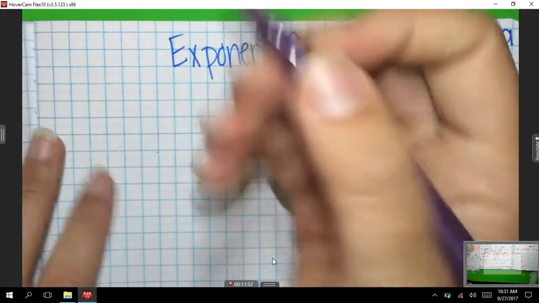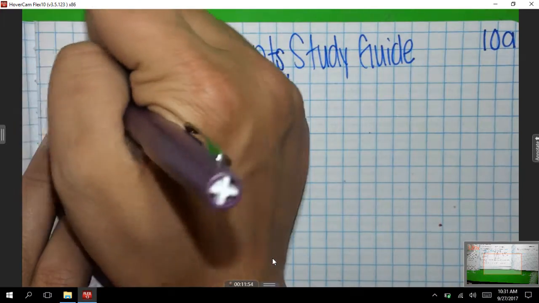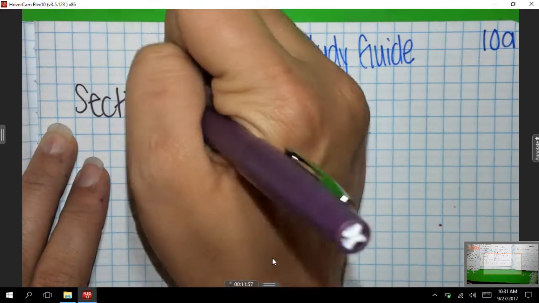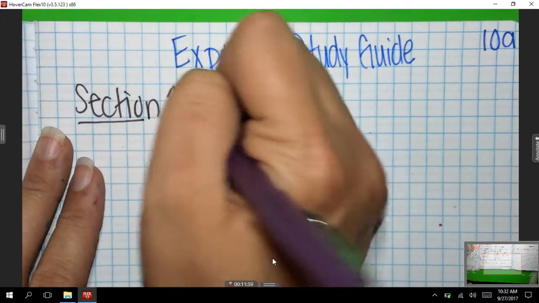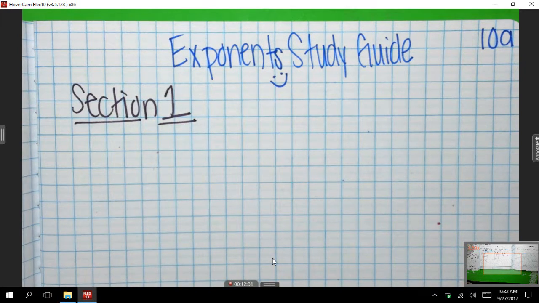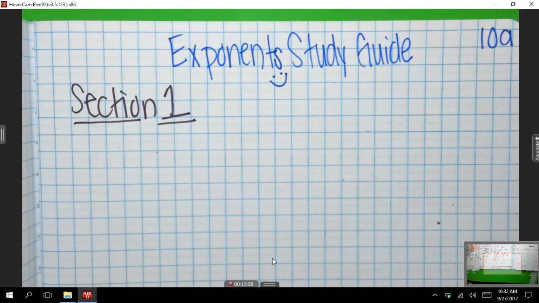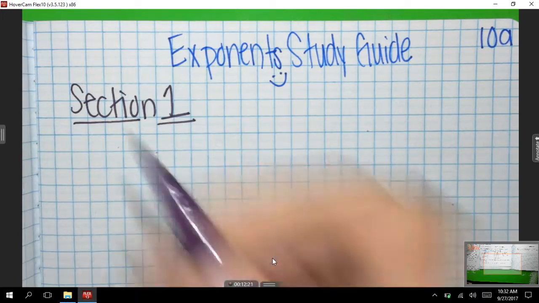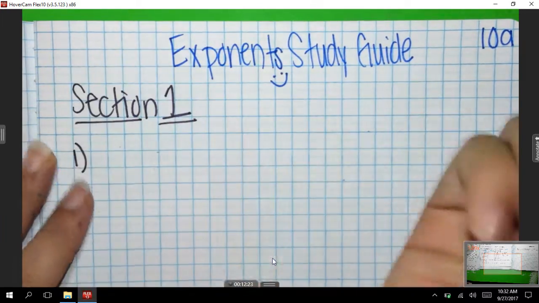All right, so let's write this down. Section 1. Now, what we're going to do is we're going to write down the problems. We're going to write down all the problems at once. So I need you to keep up with me, then we'll work them out. Okay? Are we ready? Has everybody written down section 1? Are we ready to fight the power? Number 1.